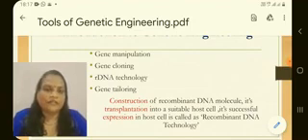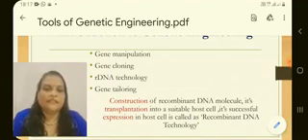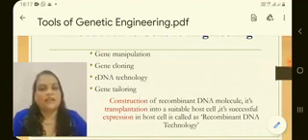Now, what is recombinant DNA? Recombinant DNA is made by using the passenger DNA, that is the desired gene, and the vehicle DNA. A combination of passenger DNA and vehicle DNA is called recombinant DNA.